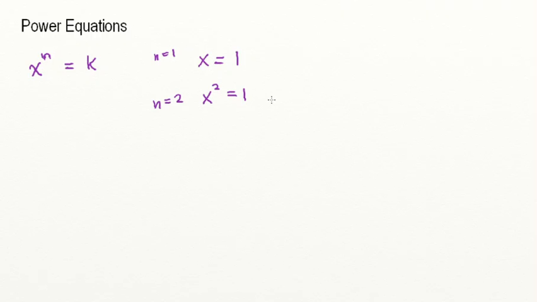But is that your only solution? What numbers can we multiply to get 1? Well, the easiest that you visualize is simply when I multiply 1 by 1 and I get 1. But what if I multiply negative 1 by negative 1? Then I'll also have 1.